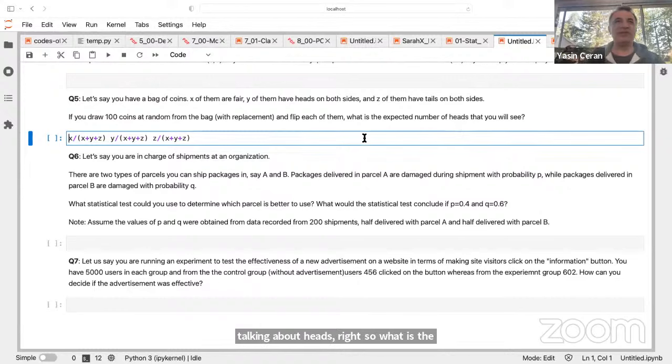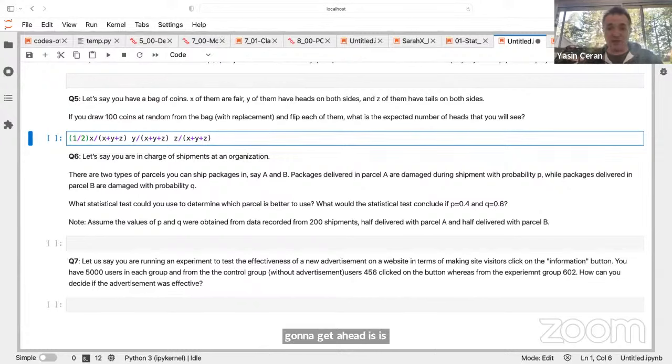If my coin is a fair one, it's basically 1 over 2, because this is a fair coin.